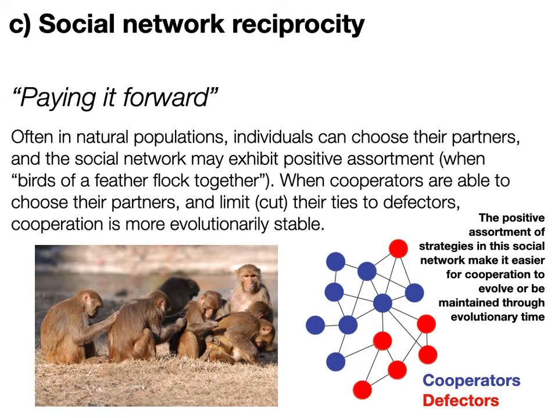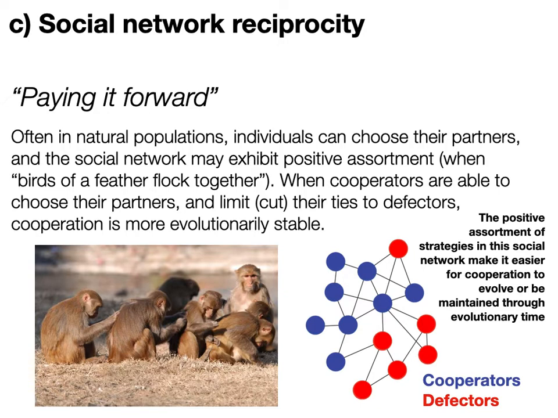So if you have a population where you can imagine cooperator strategies and defector strategies, so like nice cooperators and exploitative defectors, if they're able to choose who they interact with, that really changes the modeling, right? Because so far we've looked at game theory models where we assume that who you interact with is purely a function of the proportions in the population.